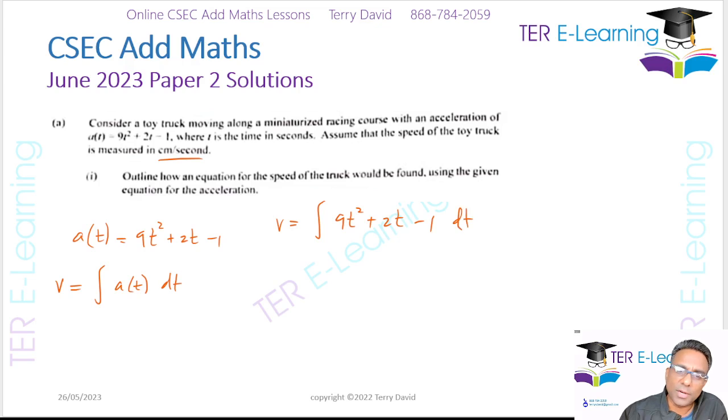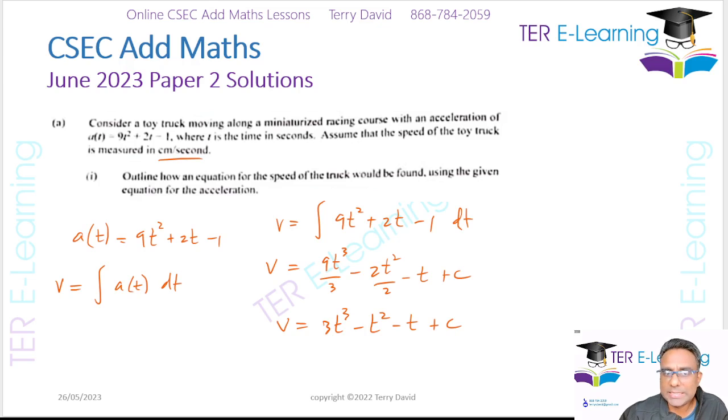So therefore, velocity is equal to 9t cubed over 3 plus 2t squared over 2 minus t plus c. So therefore, v is equal to 3t cubed plus t squared minus t plus c.